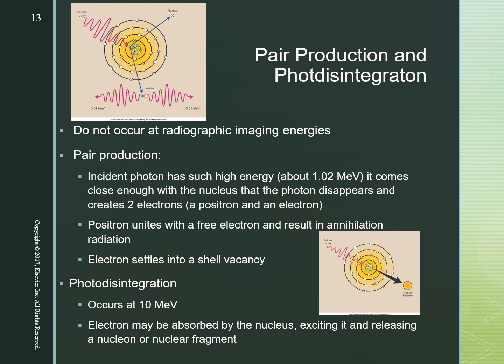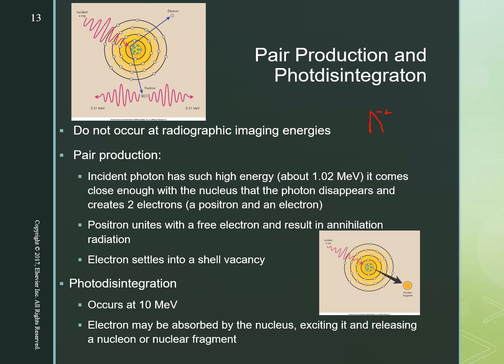If we talked about the neutron last week, we said that a neutron has weight, but it doesn't really have charge. Well, technically it has a positive and a negative charge that cancel each other out, making it neutral. Now, when we have pair production, that energy comes so close, gets absorbed into the nucleus, causing that neutron to eject a positron and an electron, and your neutron then would be annihilated.